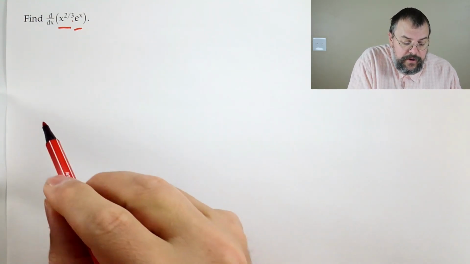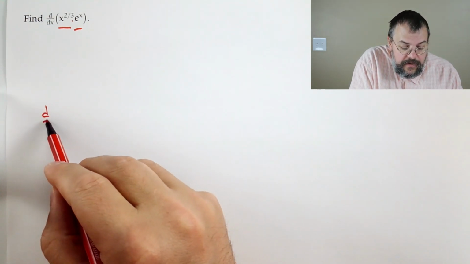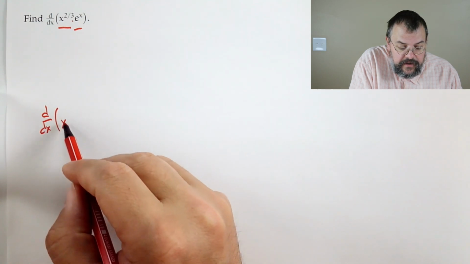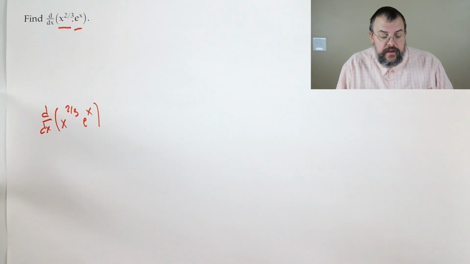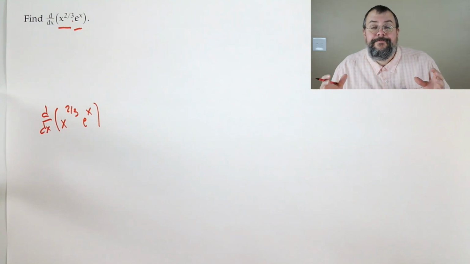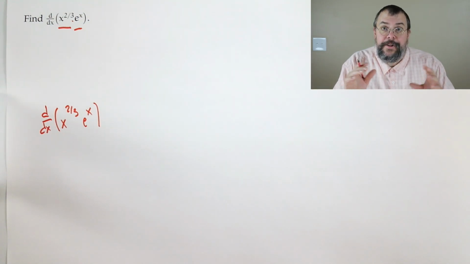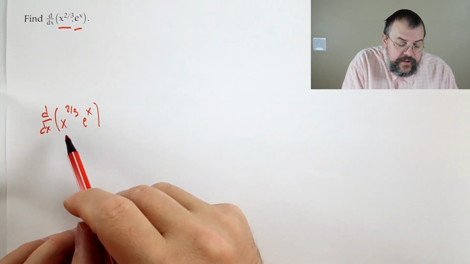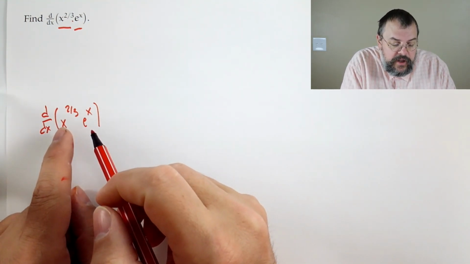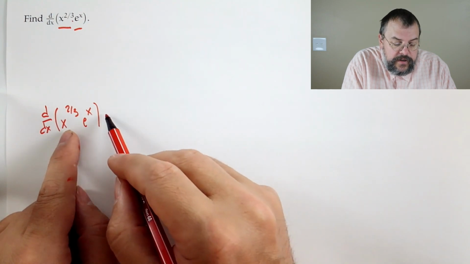So what does the product rule say? Well, if I'm taking the derivative of x to the 2/3 times e to the x, the way I like to think of it is everybody gets a turn. And we'll get into that in another example later on. So I'm going to say the derivative of x to the 2/3, what is that?